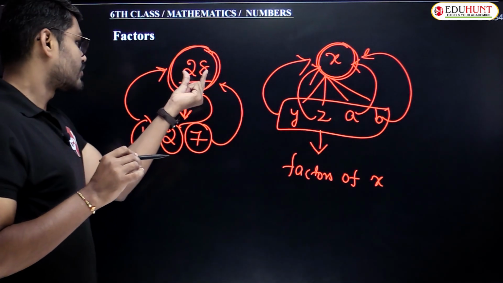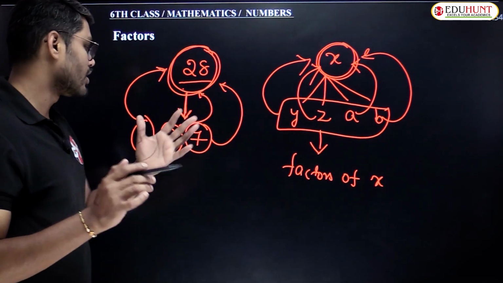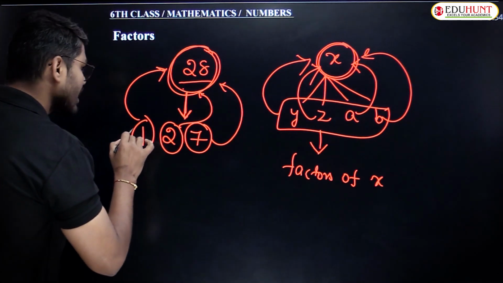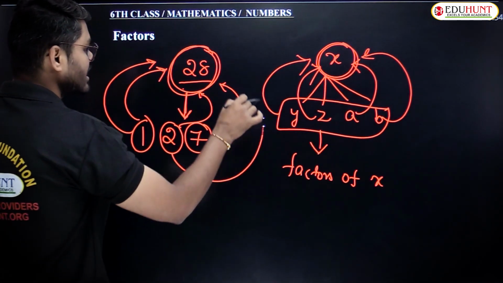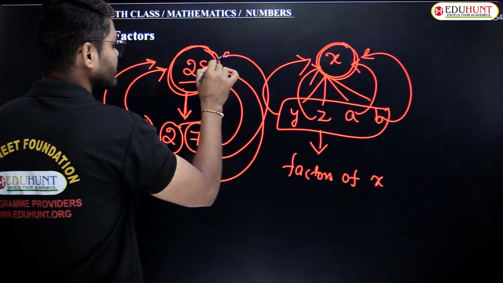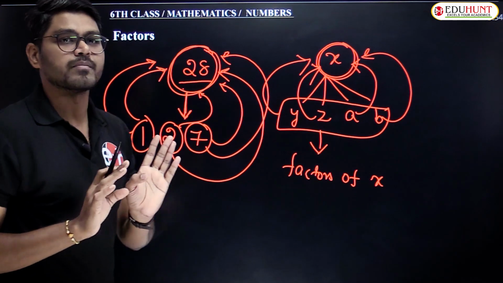So, here 28 factors are 1, 2, 7. Now, here 28 is a multiple of 1, a multiple of 2, a multiple of 7. This is factors and multiples.